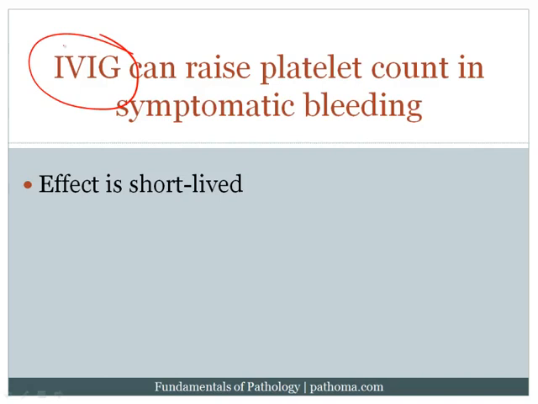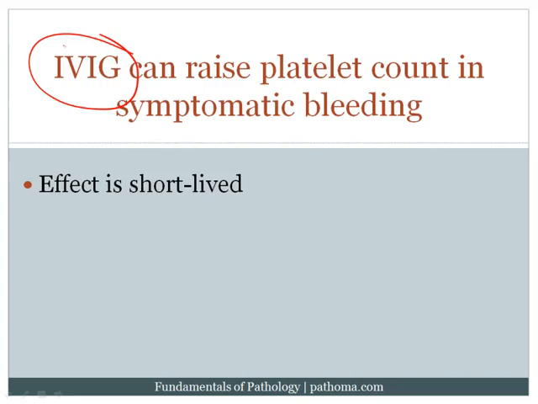Now, why would that help? Well, if you give the patient a ton of immunoglobulin, you're going to have the splenic macrophages start eating that immunoglobulin instead of the immunoglobulin that's bound to the platelets. So it's like throwing a stick at a dog so that it goes the other way. You throw these little immunoglobulin sticks at the spleen, and the spleen will start eating those sticks instead of eating the platelet-bound immunoglobulin.